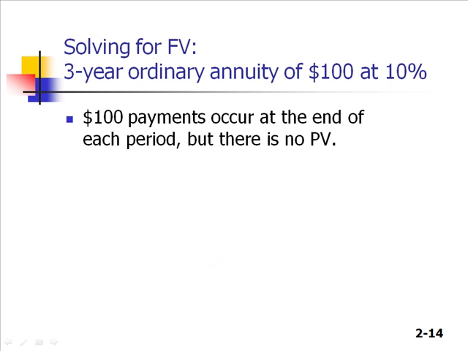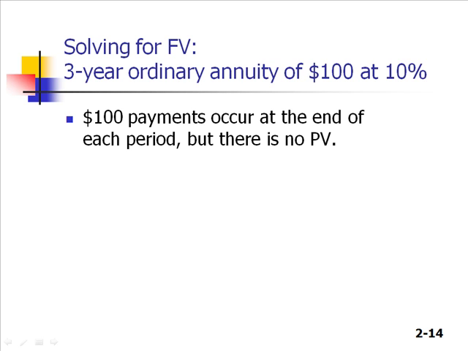We're going to begin with solving for the future value of an ordinary annuity. So what I want to know is, if we have a 3-year ordinary annuity of $100 per year, what is the future value assuming you've got an interest rate of 10% per year?